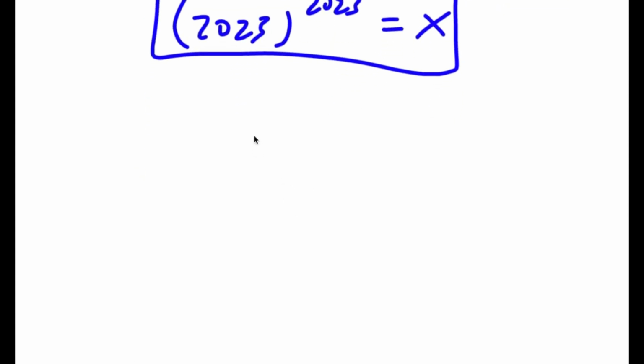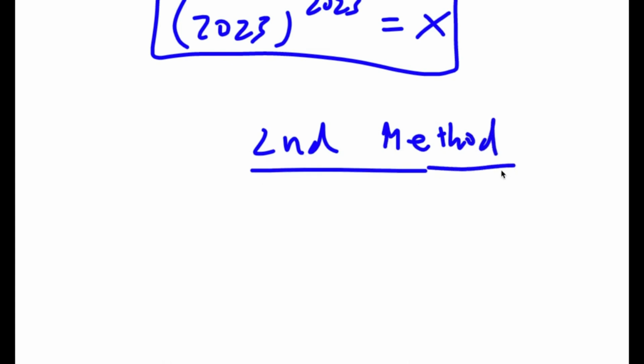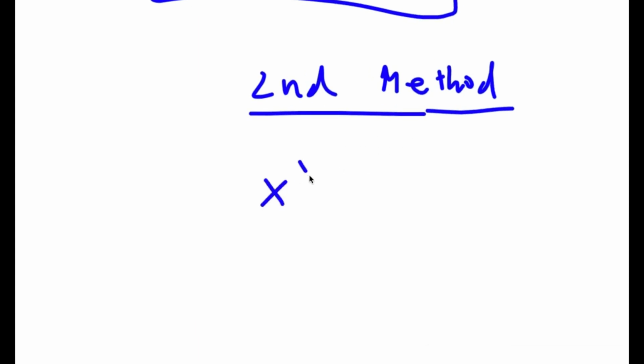Now I have a second method to solve this problem. So my second method is, remember our original equation was x to the power of x to the power of 2023 is equal to 2023.